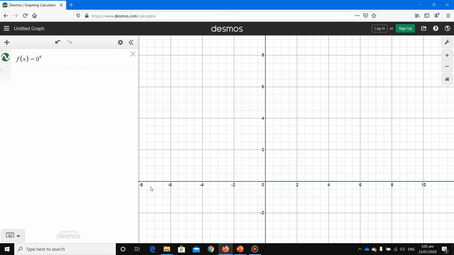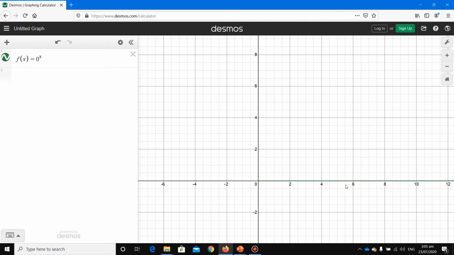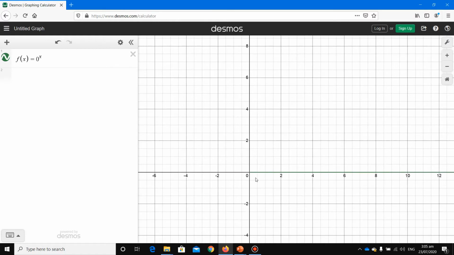And that is because for any value of x less than 0, it makes our function undefined. Thus, for our graph greater than or equal to 0, we have 0. And obviously, our graph here is just a straight line that is overlapping with the x-axis. Because if we can remember, our x-axis is y equals 0.